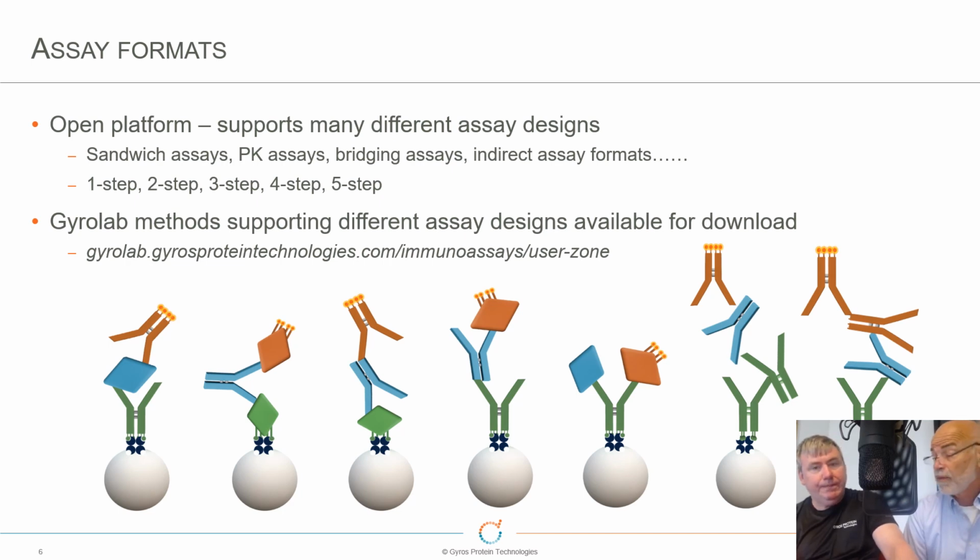I think the message I've always given to folks is that if you think you need a modified method to do the type of assay you want to do on the Gyrolab system, it's certainly possible, but always work with the field application specialist or scientist in your area, because they'll have the latest information. They'll also have access to experimental methods that might be useful for your particular problem. Yep.